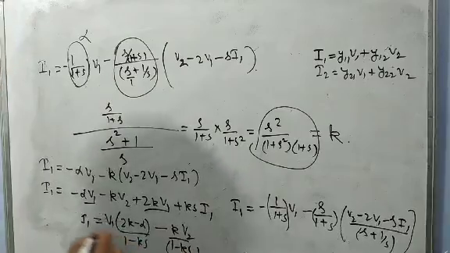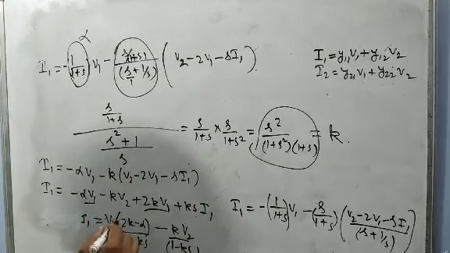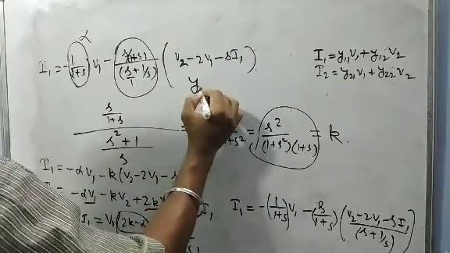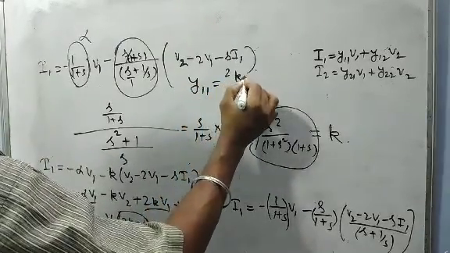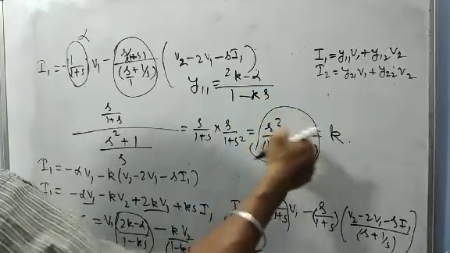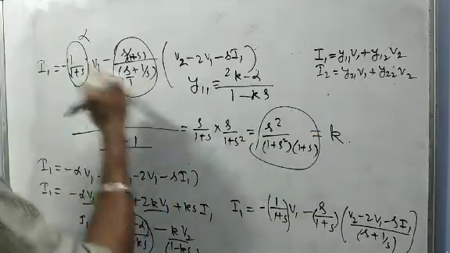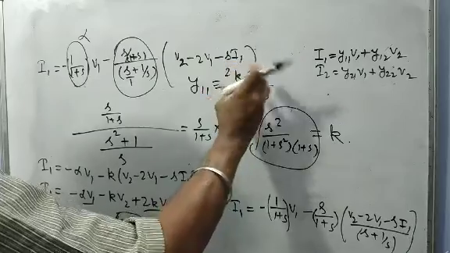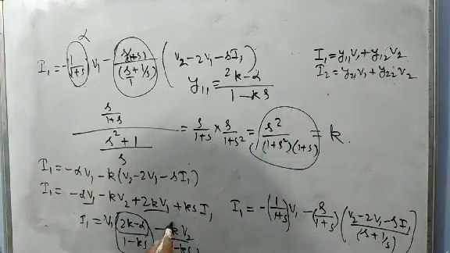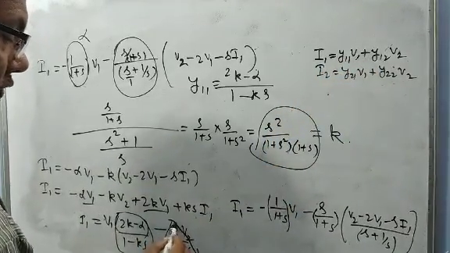So you can directly say I1 equals to y11. So what is y11? Y11 becomes 2k minus alpha by 1 minus ks. Now k value you know, and alpha value also you know. You substitute and you will be getting in terms of s, and if you know k and you simplify y12, so you will be getting this as your y12.